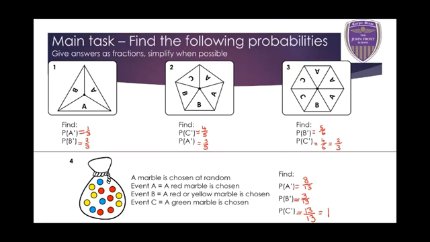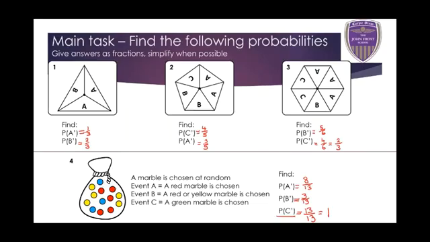So just be really careful with that one. And the last question, for part C, find the probability of C not happening. Well, there were no green marbles in the bag, so the chance of you not picking a green marble is 100%. You can't pick a green marble out.